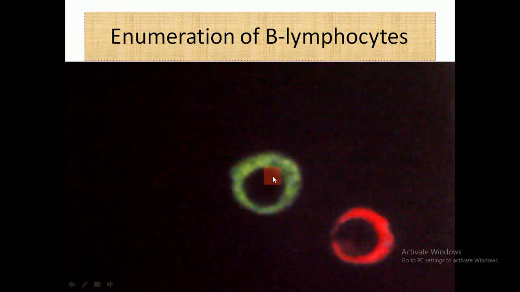This indicates a B cell, while if it is not a B cell, it remains red in color. And also, we count 100 cells and how many of them have a fluorescent cell wall, to get the percentage.